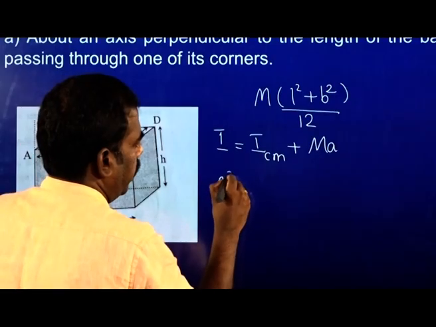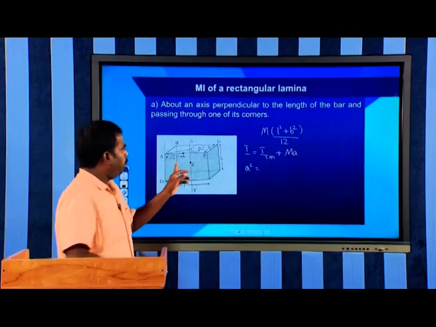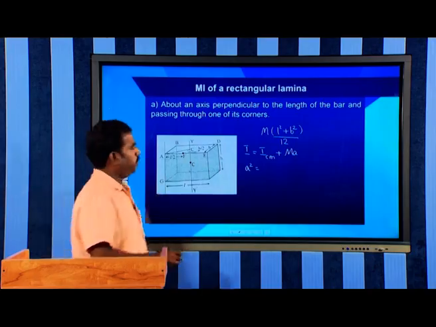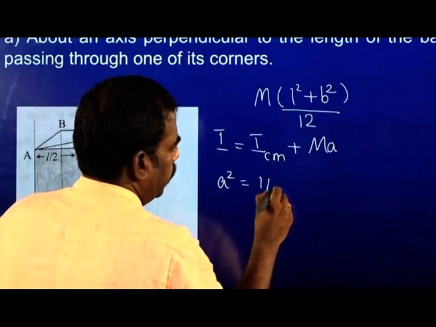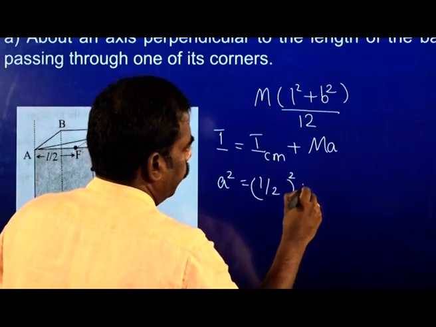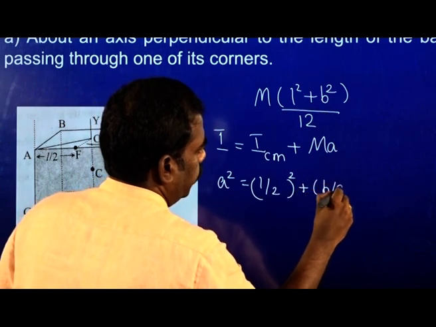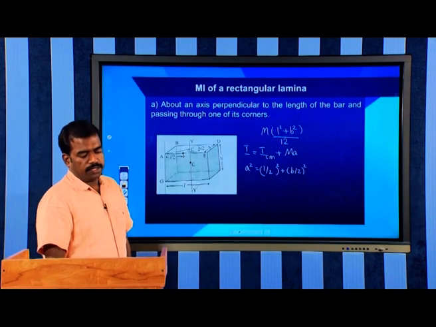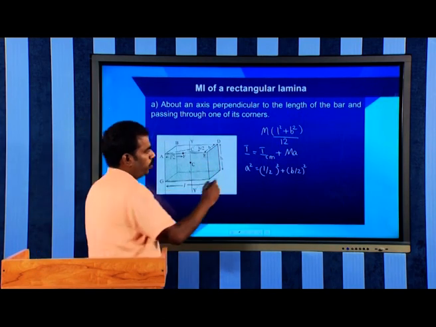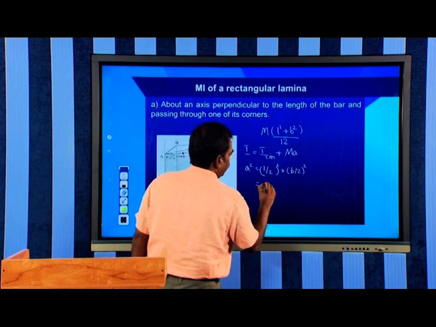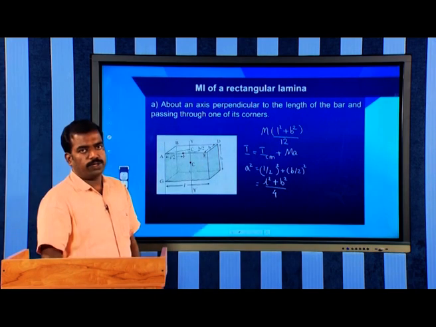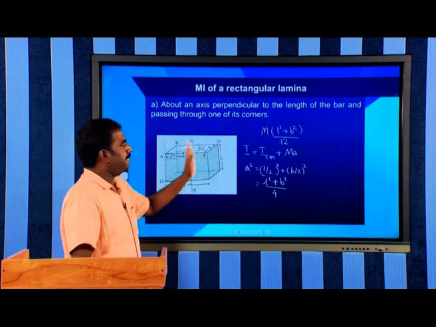A square equals (L by 2) the whole square plus (B by 2) the whole square. If you substitute, it is (L square plus B square) by 4. This is the distance between these two axes.